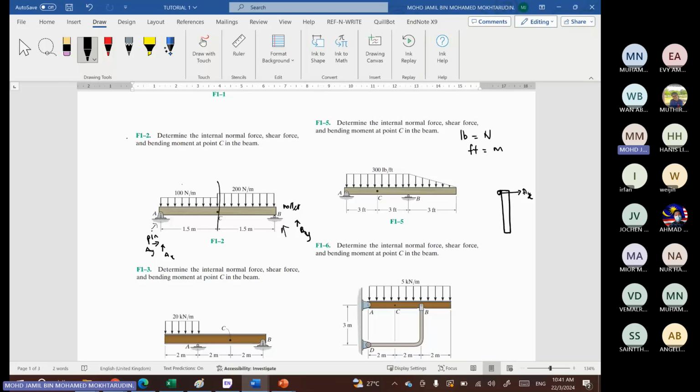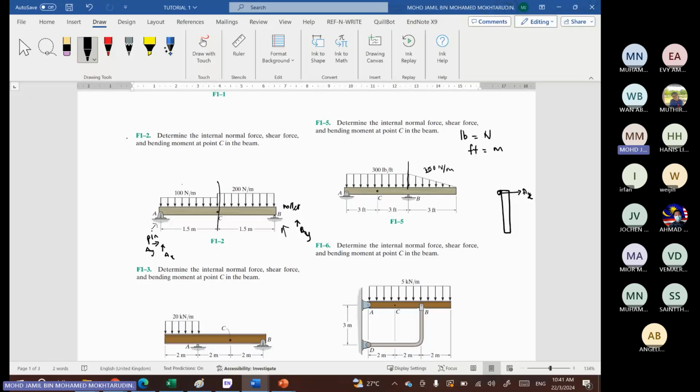Okay, so here we can split the load into two. Okay, so we have 300 Newton per meter, and I think this will be 300 Newton per meter as well. If I'm wrong, if let's say you look at YouTube, I salah, I minta maaf lah ya. Okay, so let's say this is the square distributed load.